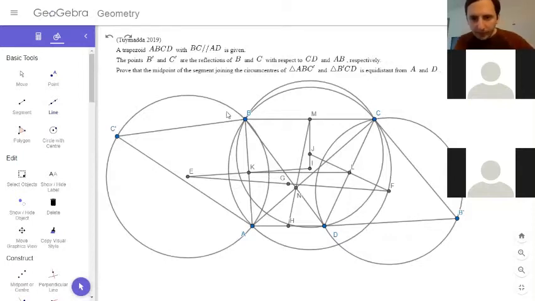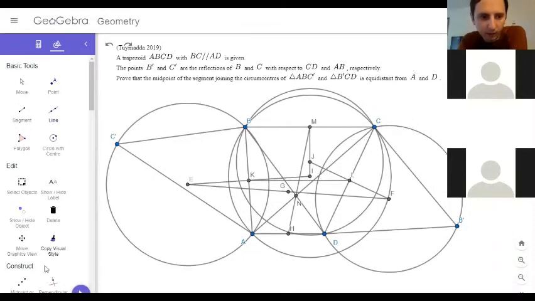So let's see, angle BIA is twice angle BCA, and angle CJD is twice angle CBD. We should label the midpoint of IJ.